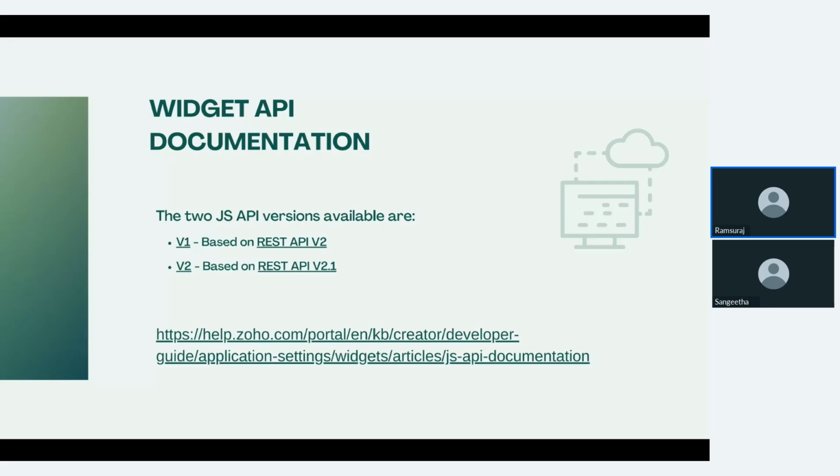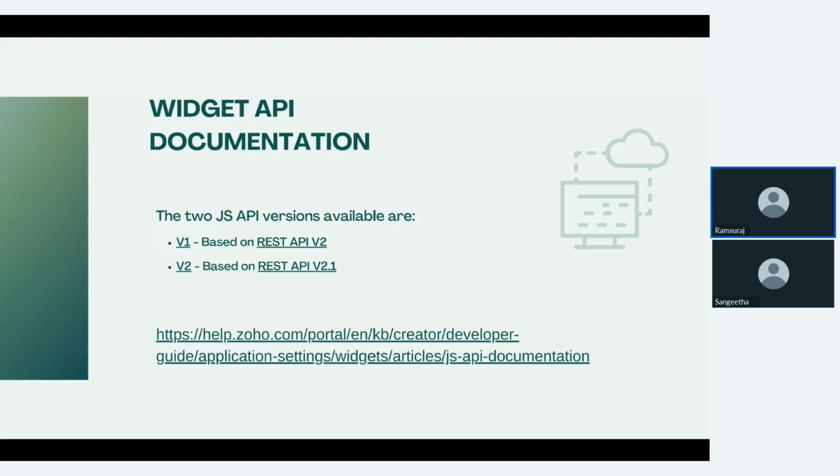For example, for publishing a page, we'll go to version 2 because the util functions and page functions are more available there. When you get into version 2, the utility functions are provided, and you don't need to initialize the Z for getting records or using the APIs in the widget.